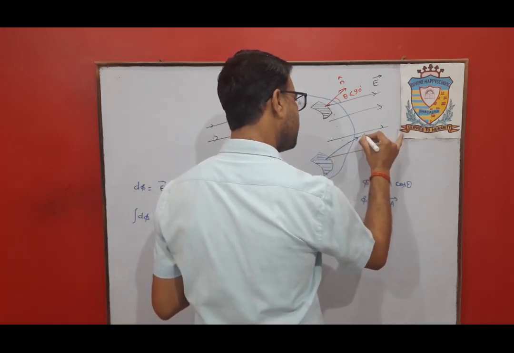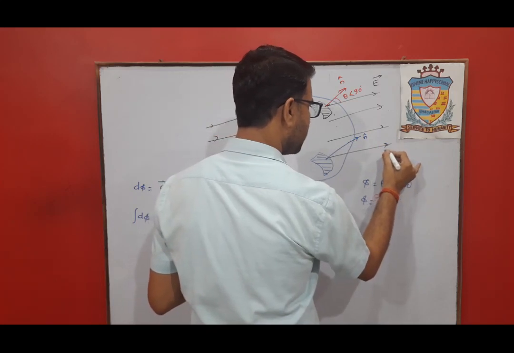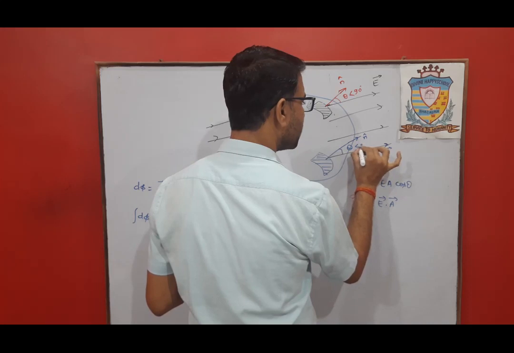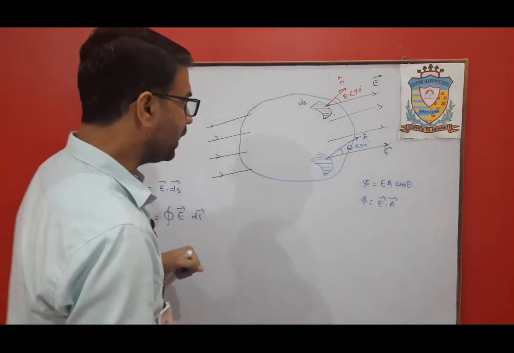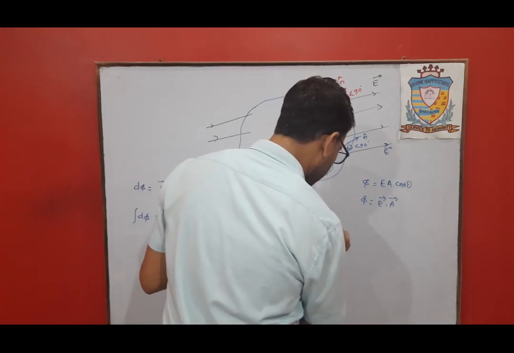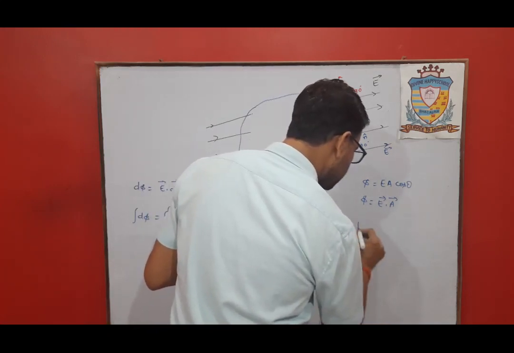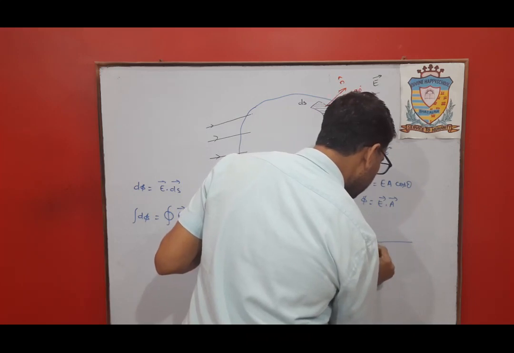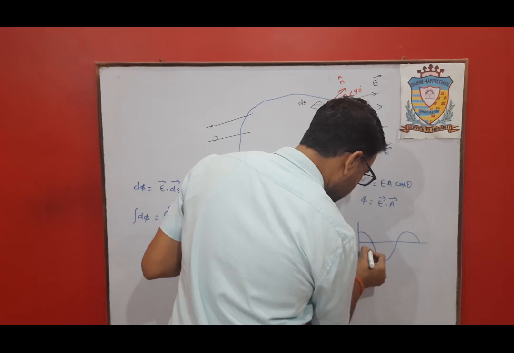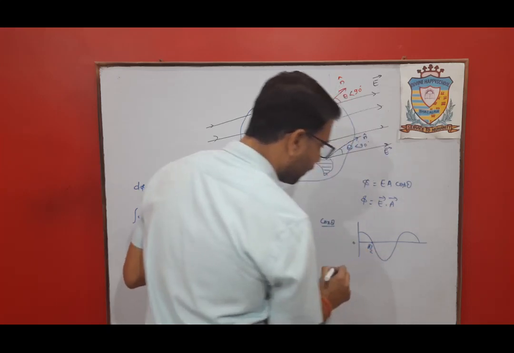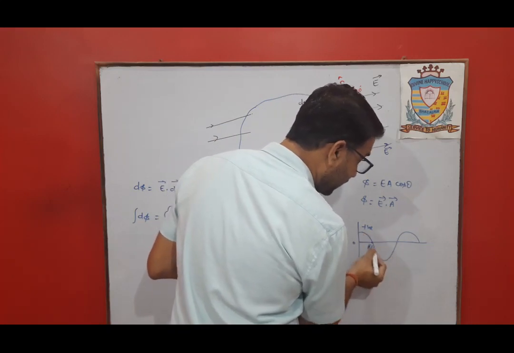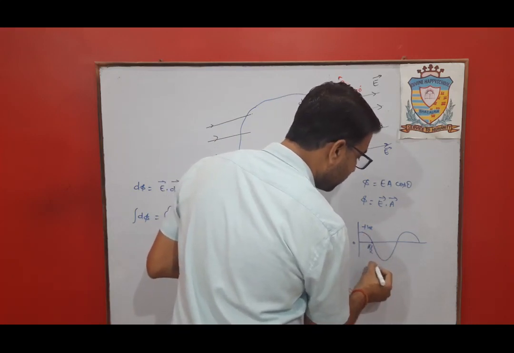Let this be the direction of area vector and this the direction of electric field intensity. Here again theta is smaller than 90 degree. For cos theta, from 0 to pi by 2 it is positive, and greater than 90 its value is negative.